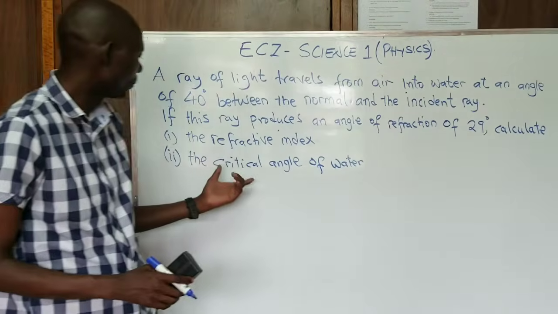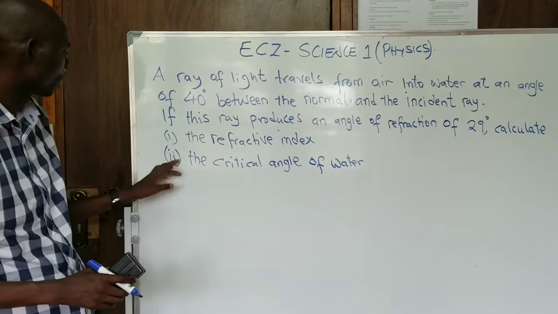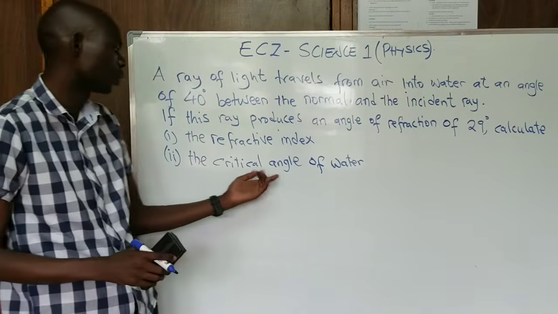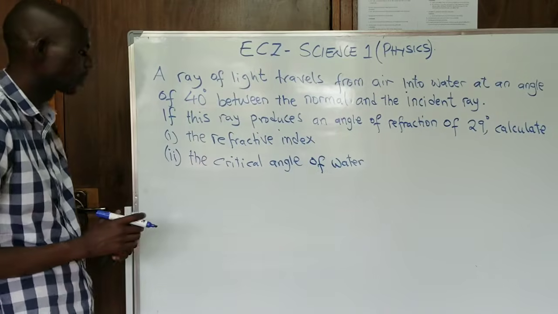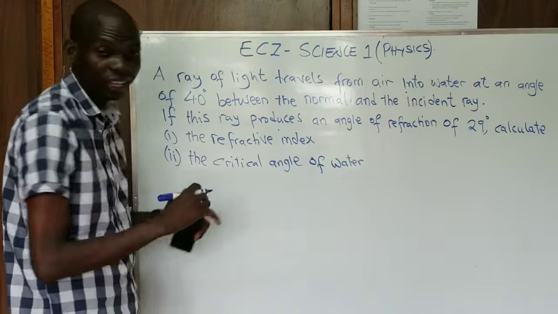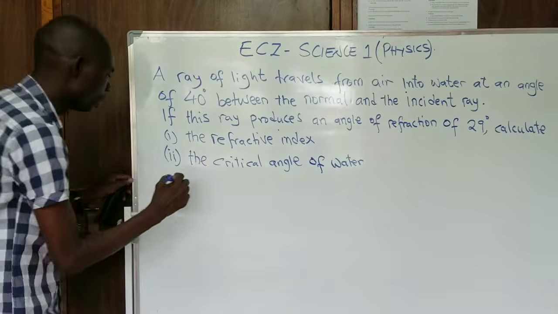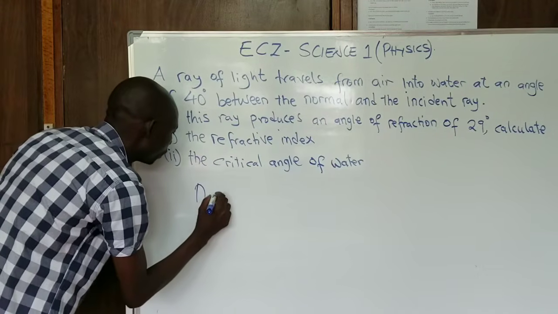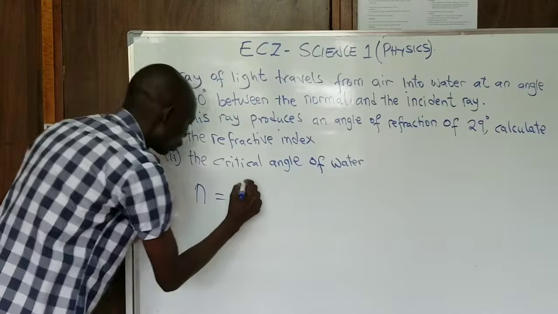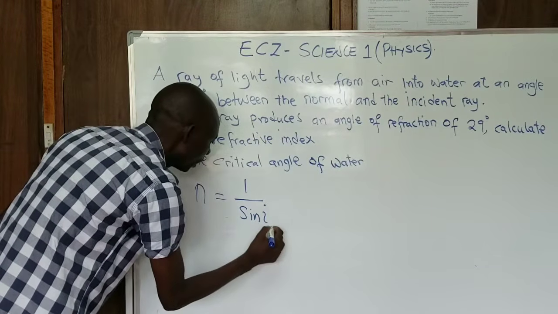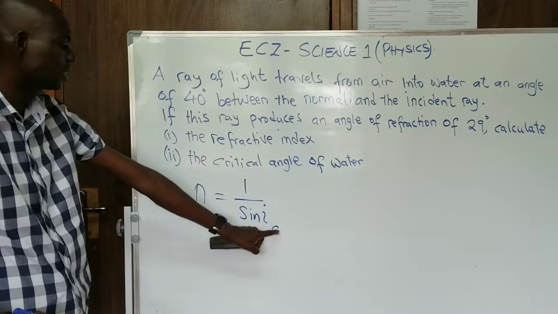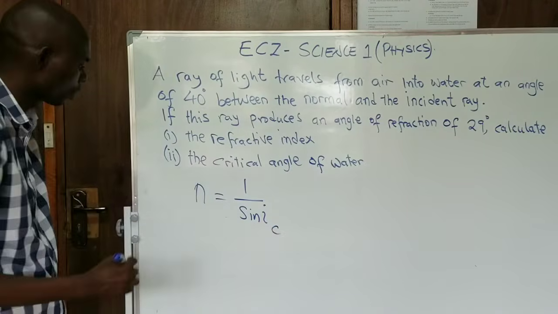Now for number 2, we are going to calculate the critical angle of water. The critical angle in general is given by the refractive index equals 1 over sine IC, where IC stands for the critical angle.